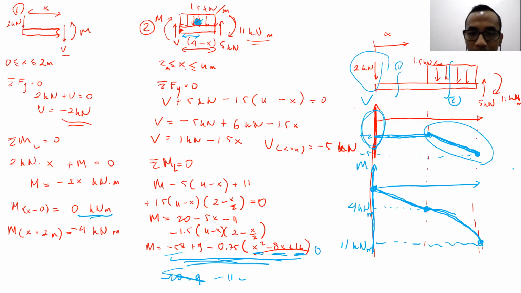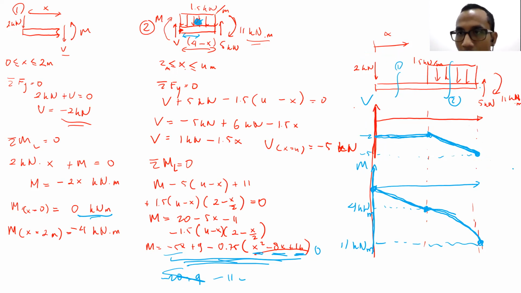At the end, there is a 5 kilonewton shear force there. At the right edge, there is a jump from 0 to -5 kilonewton, so the amount of jump is still 5 kilonewton.